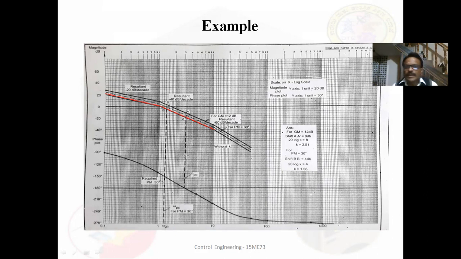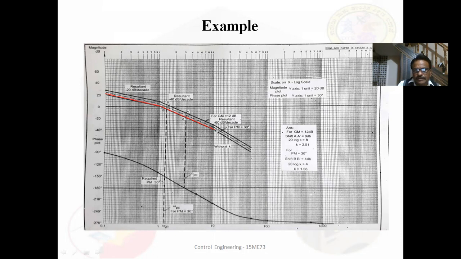Then you consider another first order pole. So the resultant magnitude is minus 60 dB per decade, where it starts at omega equal to 10 and ends at infinity.